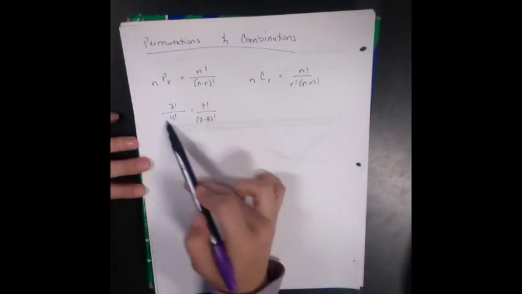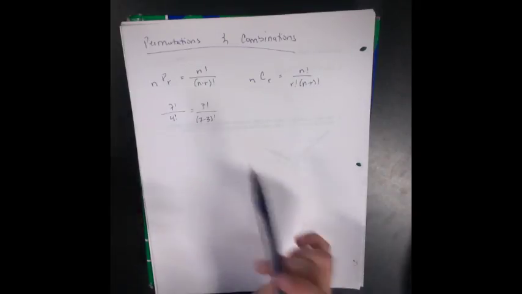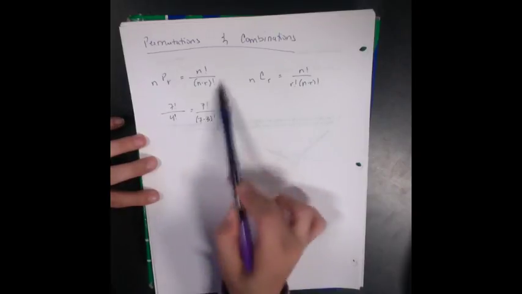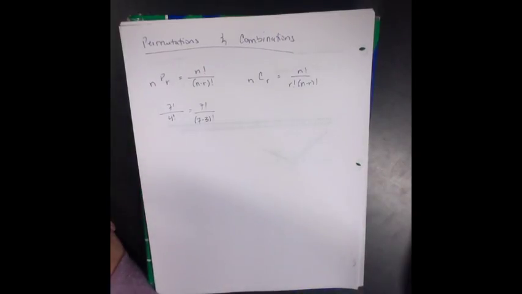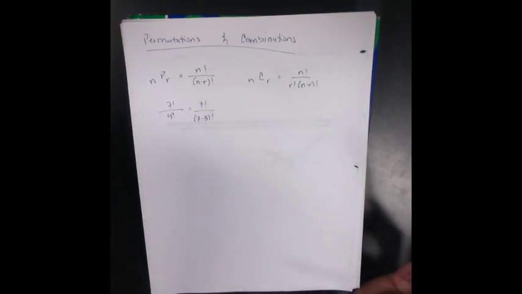This is how we were doing it before when we were choosing, but it doesn't matter if you choose or if you do the formula. This is how we first learned it, but now you can just plug it into your formula. Much, much easier. This is just a quick little reminder so that you're able to do permutations and combinations much, much faster.